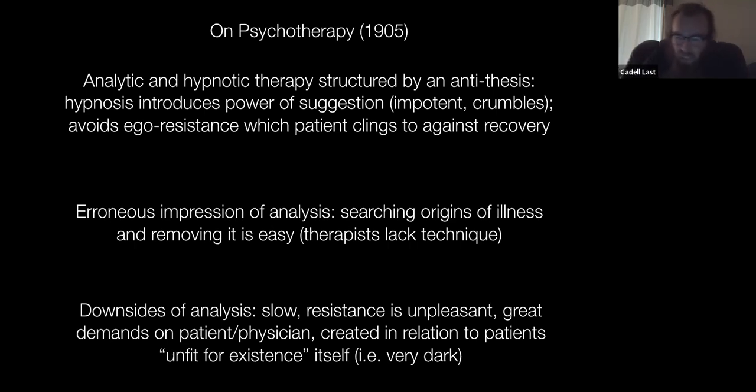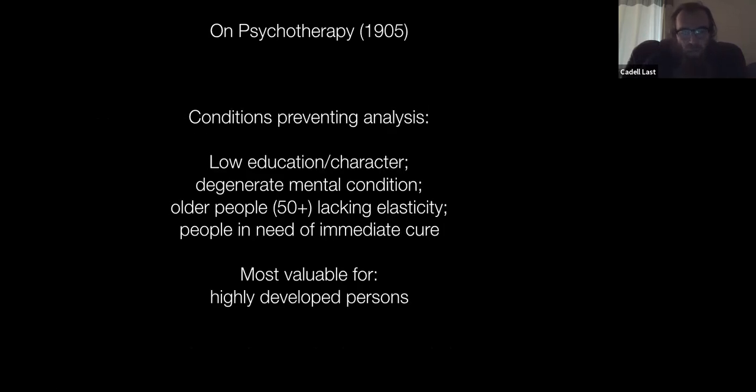You just want to leave existence. So you're working with very dark people, people who are in a very difficult place. All of these are the downsides of psychoanalysis, and so how do we think through these? Do we just have to go through this? That's basically what he's suggesting in some way.